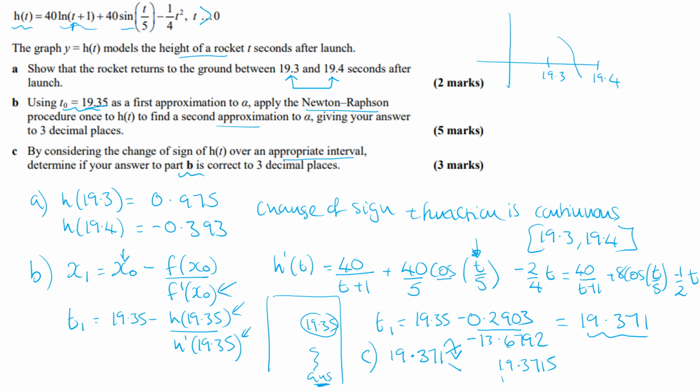The lower bound is 19.3705. And if you do h of these two, you'll again get a change of sign in that interval, and therefore we have found to 3 decimal places the best estimate of the root. But of course you need to also say again that the function is continuous over that interval.